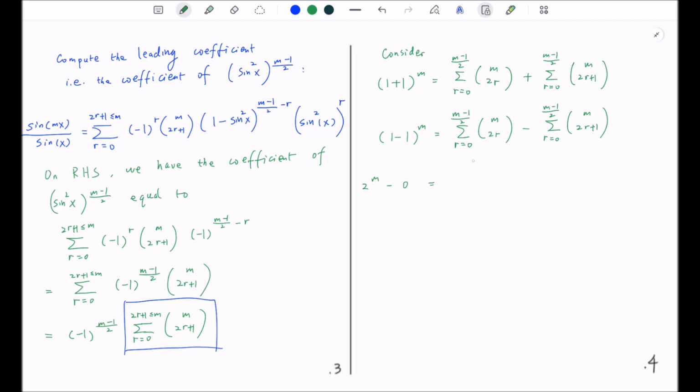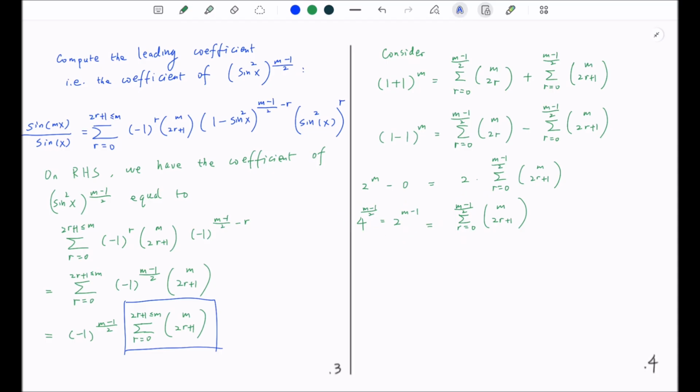And for the right-hand side, we get 2 times the sum for the odd terms. And simplifying this, we get, and the left-hand side can also be written as 4 raised to the power n minus 1 divided by 2.